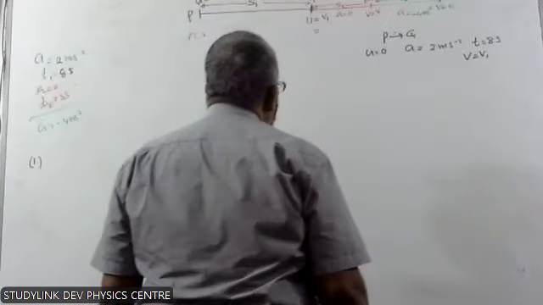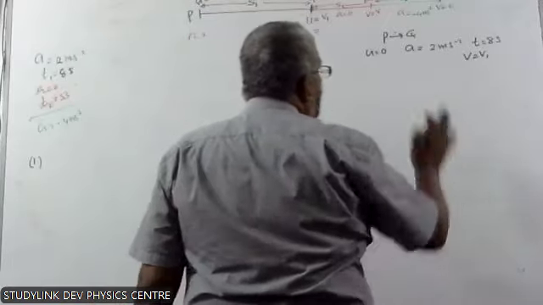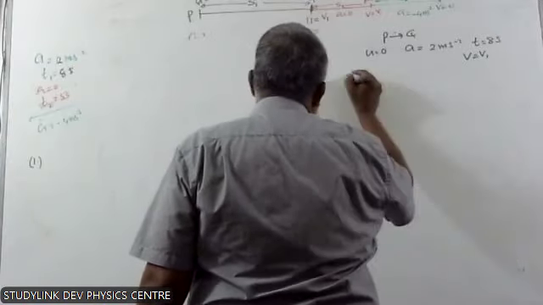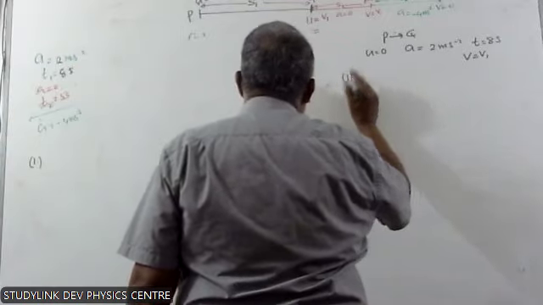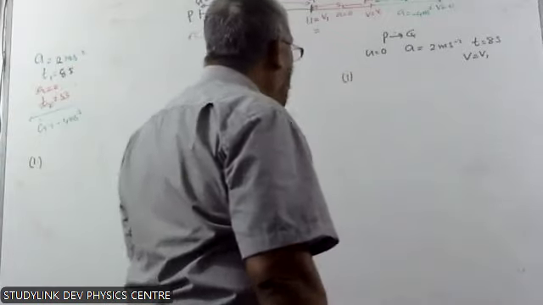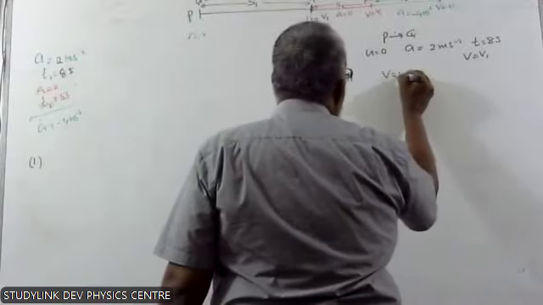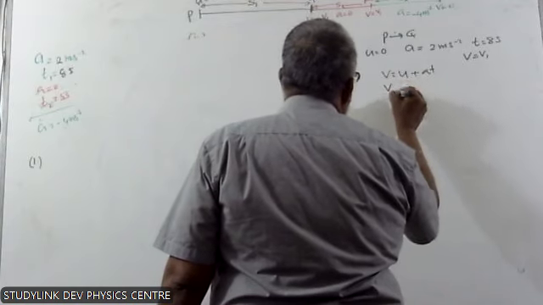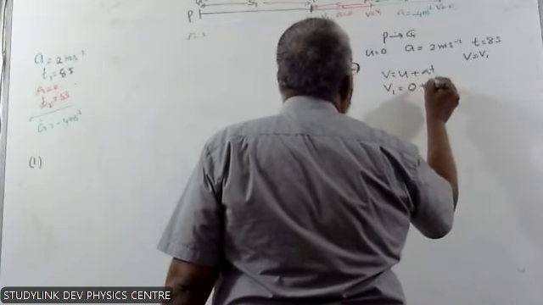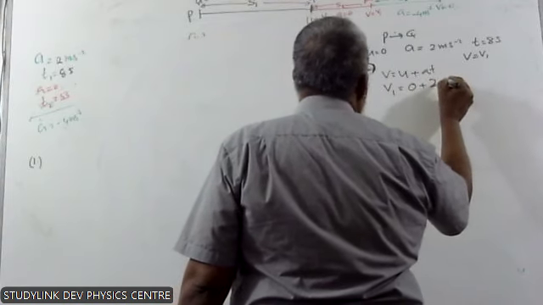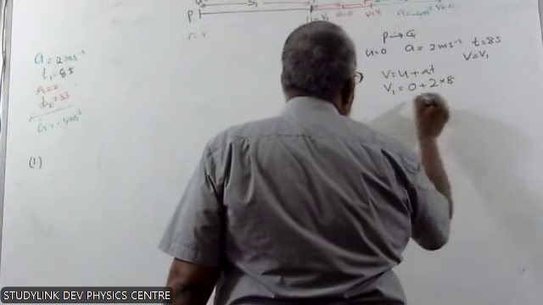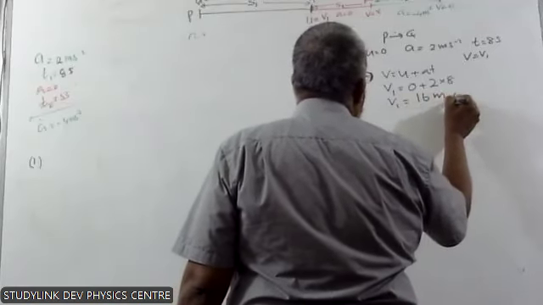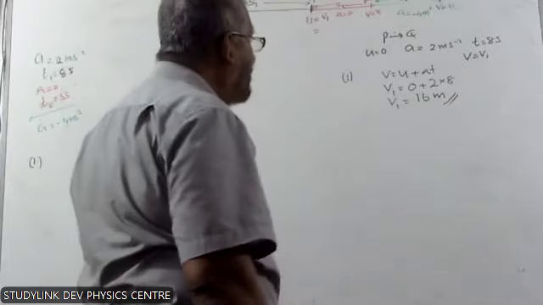Then we can find S and T, normally S and V. So if you want to find velocity first, V equals u plus at, then V is equal to V1, 0 plus 2 into 8. Then V1 is equal to 16 meters per second.